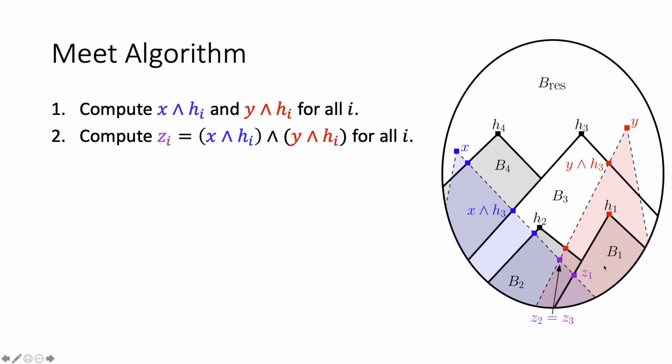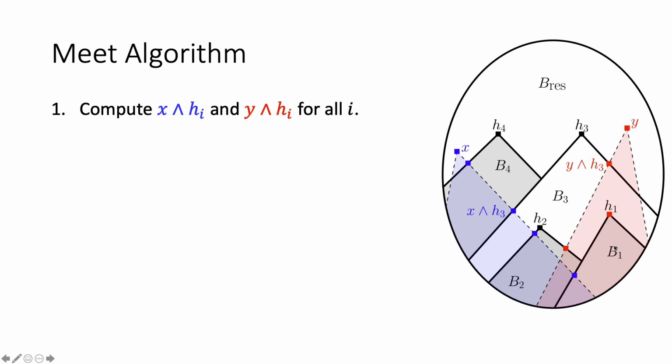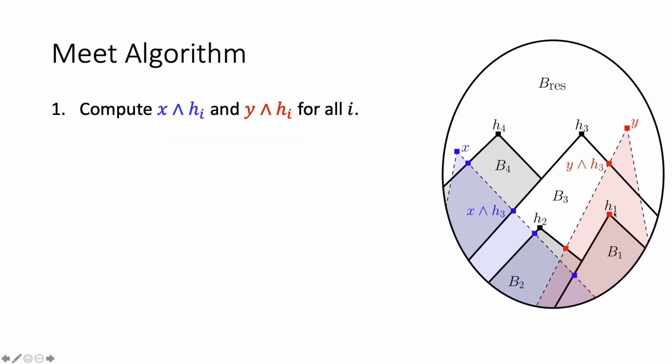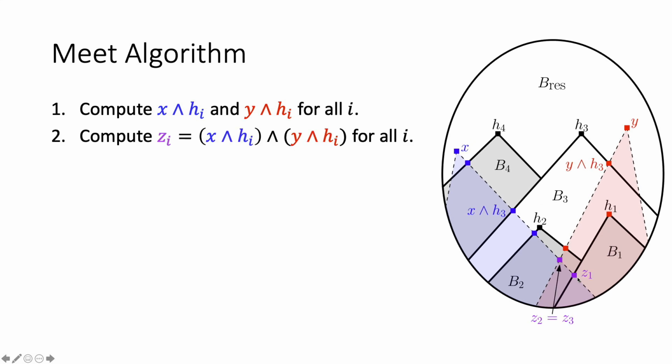So let's go ahead and go through this with the different blocks. If we look at block b1, the meet of h1 and x is this blue dot here, and the meet of y with h1 is actually h1 itself. If you look at the meet of these two elements, it's going to just be the lower one, since this element is below h1. And then similarly, I can do this for block b2.